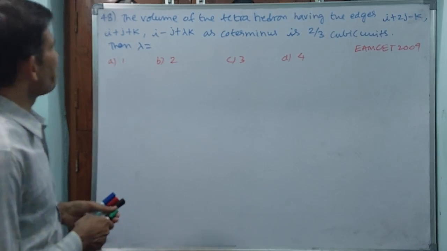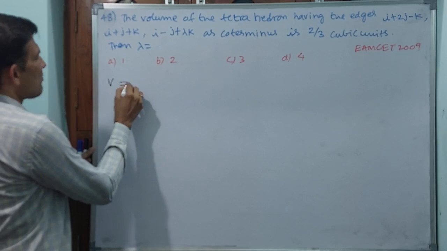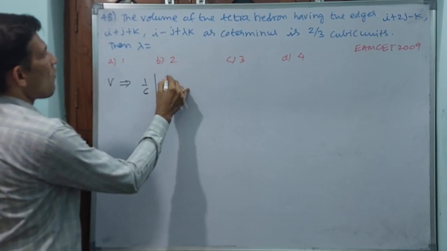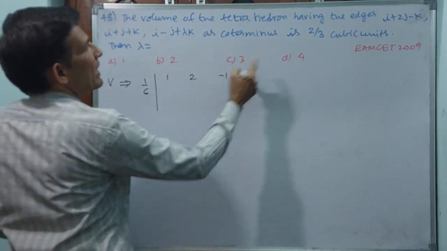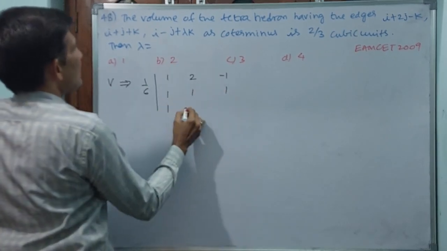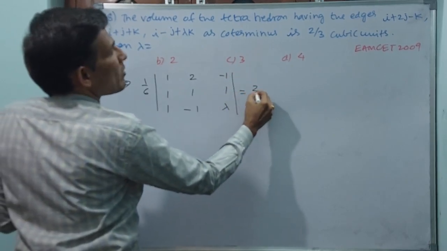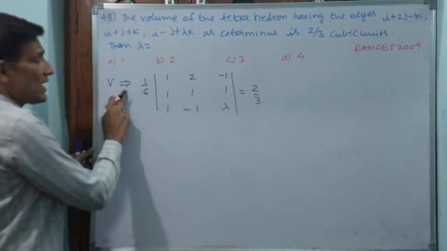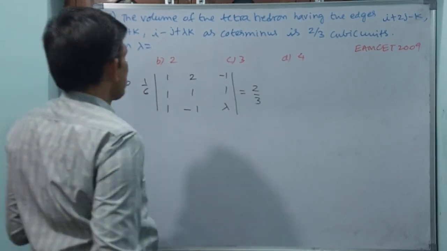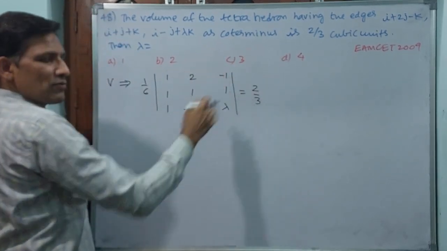Let us see. Not that much tough this one. Volume implies 1/6 of this determinant. What is the determinant? 1, 2, minus 1; 1, 1, 1; 1, minus 1, lambda; is equal to 2 by 3. Okay, here I have put only implies 1/6 of this one. Don't forget. Then if 6 goes that side, automatically 2 times 2 by 3, 4 will come.